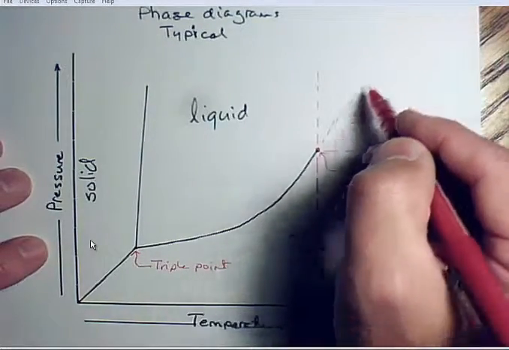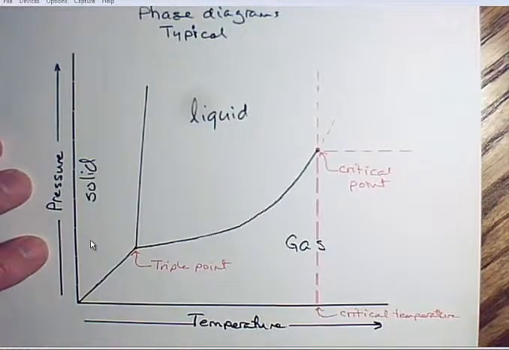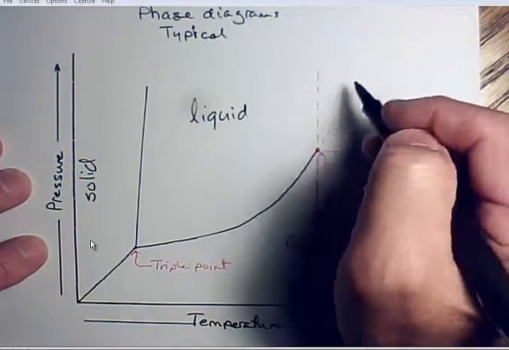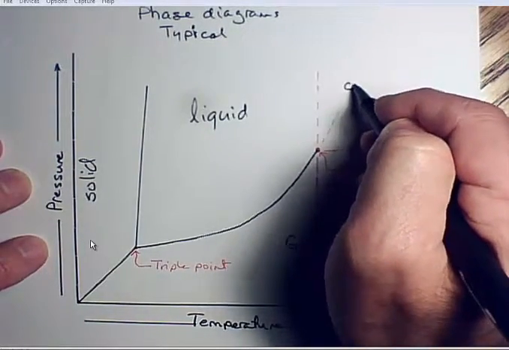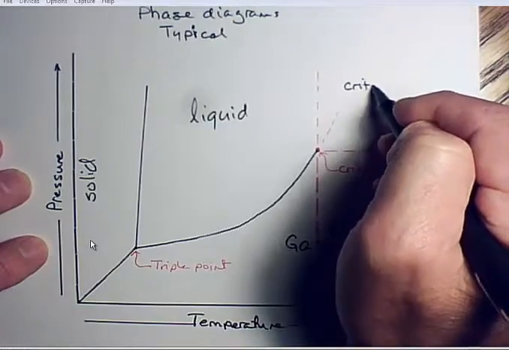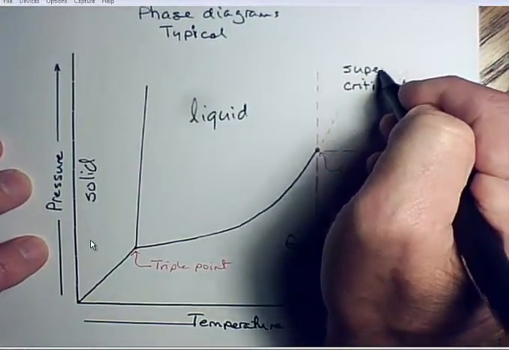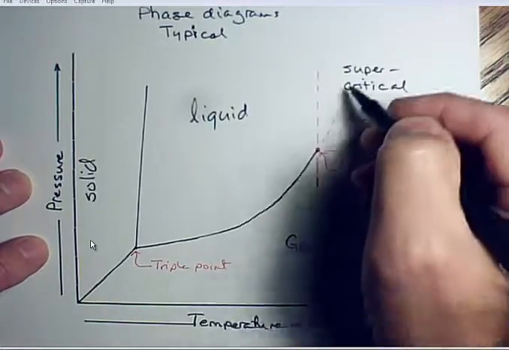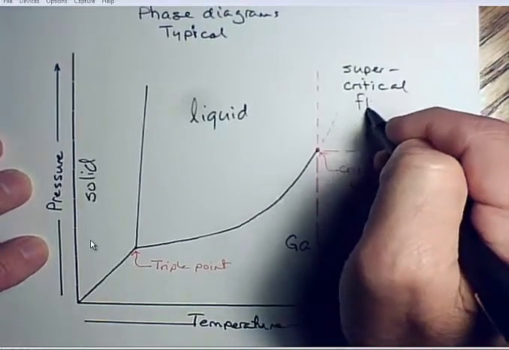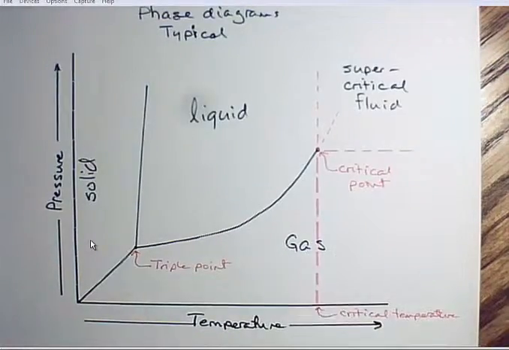And so when you get into this range, where the temperature is so high you can't have any kind of liquid, what you have is called a critical fluid, or supercritical fluid. Anywhere in this range, when you get up in here, you have a supercritical fluid.